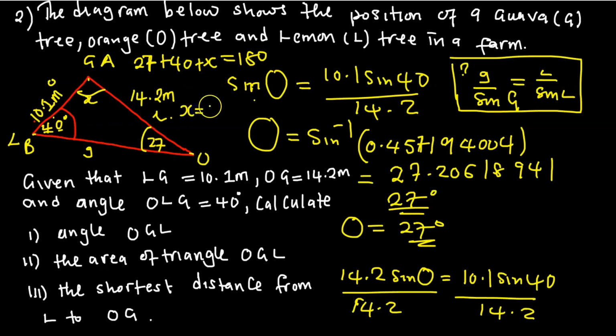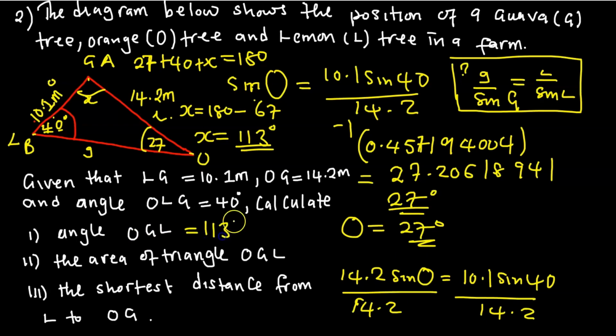So x is equals to 180 minus 67. And now you can find x is equals to 113 degree. So that is our angle G, angle OGL is equals to 113 degree. Okay, that is how you find it.